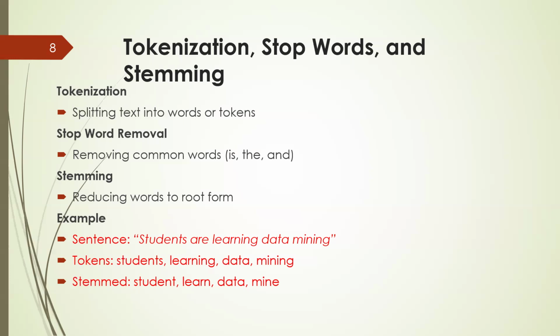Past tense, future tense, past continuous, future continuous, any type we can convert to a standard format. Students comes to student. Learning's standard format is learn. Data is data. Mining comes to mine. This is called stemming. Stemming means coming to the root level, the basic word form.